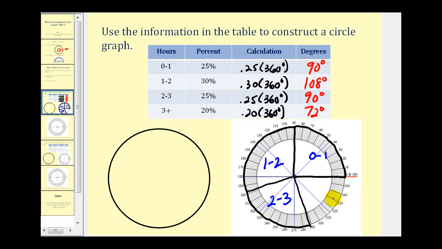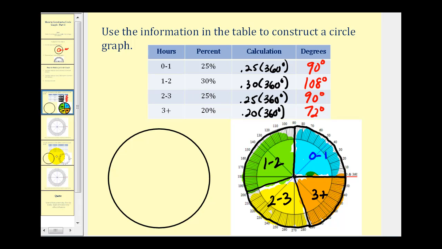And then the last category here is 72 degrees, which represents 3 or more hours. Then a lot of times they'll shade these with a nice color so they stand out. So to construct a circle graph or pie chart, it is important that we have a protractor so we can make these sectors the correct size to represent each category correctly.